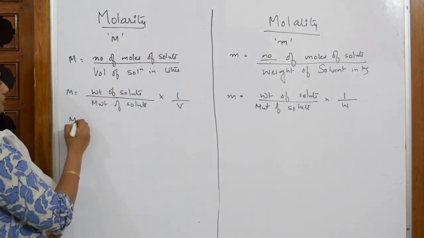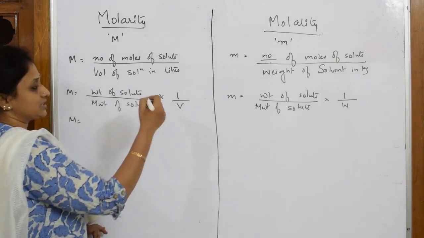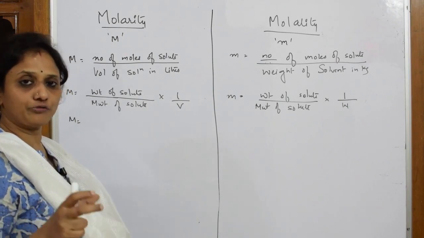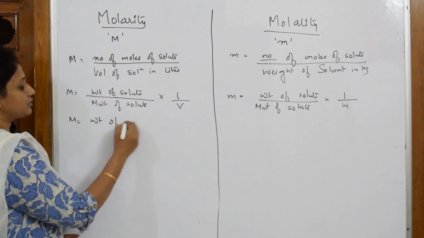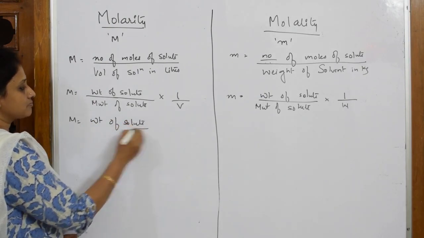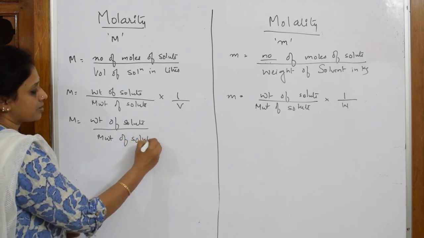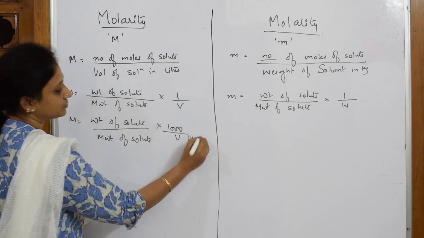Now this is your whole concept. Suppose I am making the total 1000 mL, that is 1 liter. So how do you write it? Weight of solute by molecular weight of solute into 1000 by V in liters.